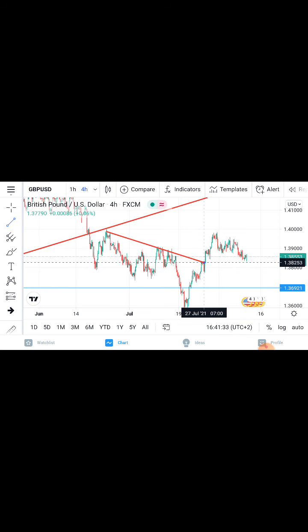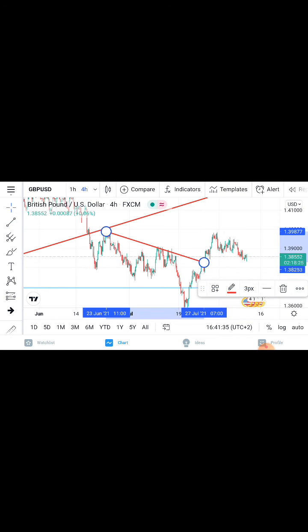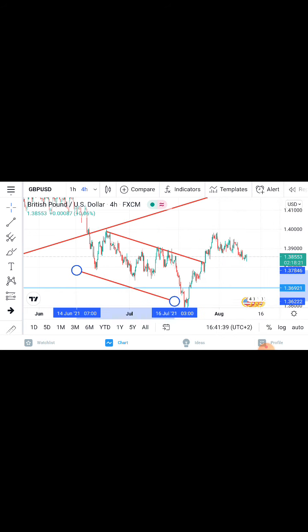That's a trend line. Then the second one, I'll just clone it and trade.